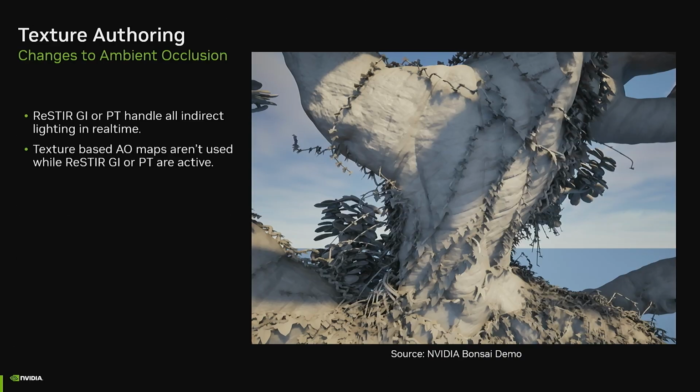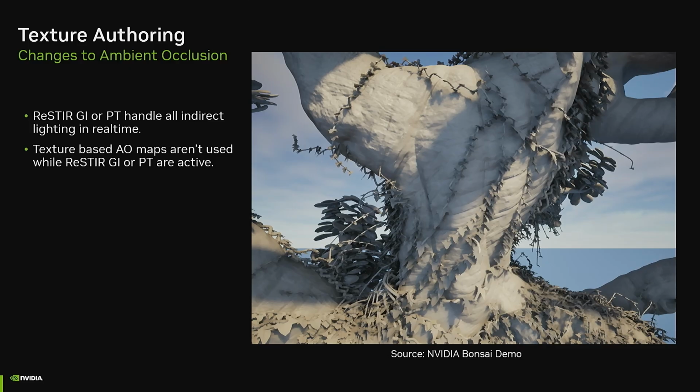Now, there are some considerations when authoring textures for path tracing when it comes to ambient occlusion. There's so much to talk about with this. Ambient occlusion, first off, anytime you use ReSTIR GI or PT, ambient occlusion as a real-time effect no longer exists.